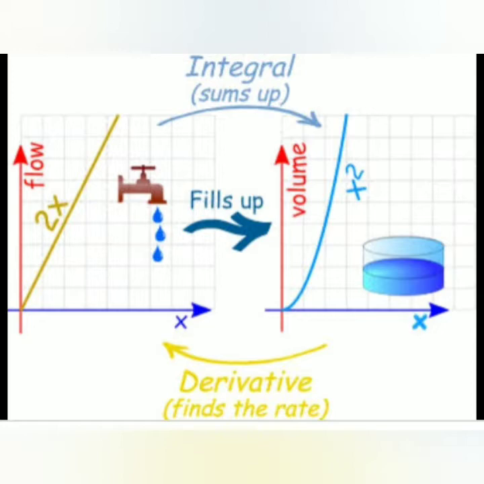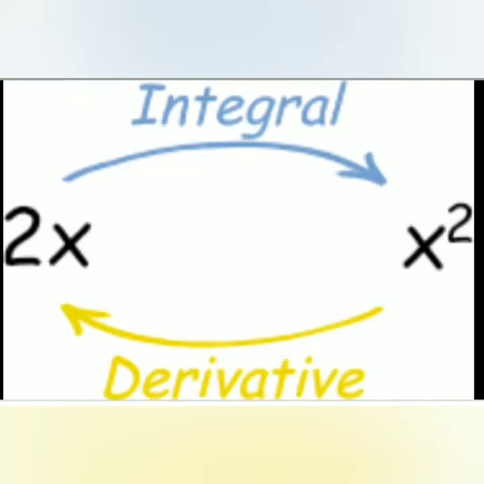Thus, differentiation and integration are reverse of each other. We know that differentiation of x square is 2x. Thus, if we integrate 2x, we must get x square.